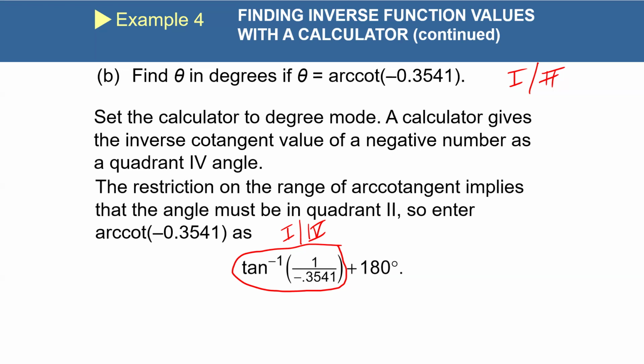So when I type it in the calculator, I'm typing in tan inverse of 1 over -0.3541. But I'm going to add the 180 to ensure that I am going that extra 180 to quadrant 2. Does that make sense? Because it could be in quadrant 1. They would share quadrant 1, right? But because of that negative, we don't share quadrant 1. It has to be in quadrant 2.